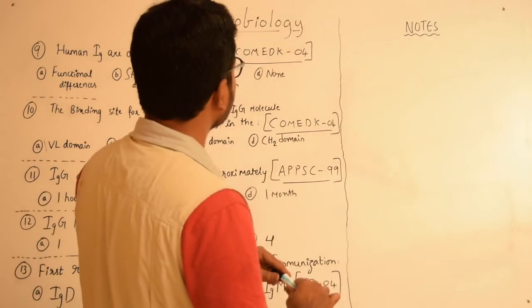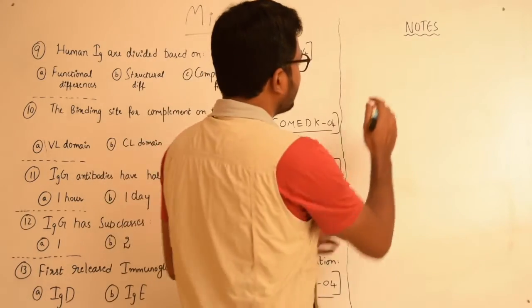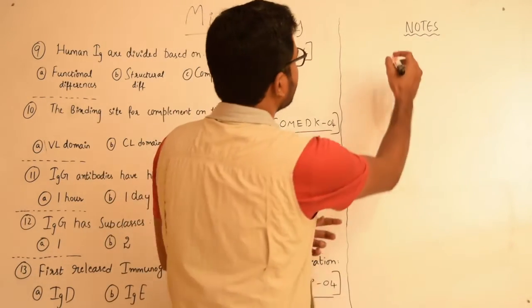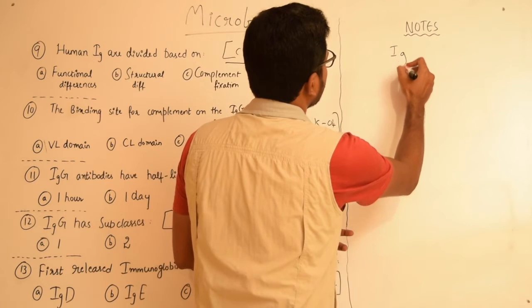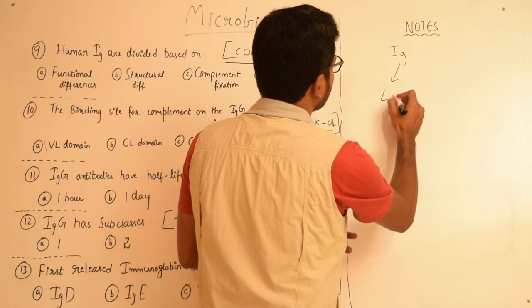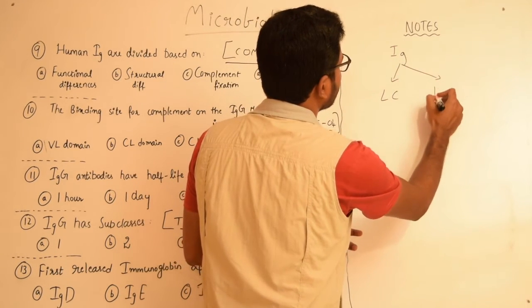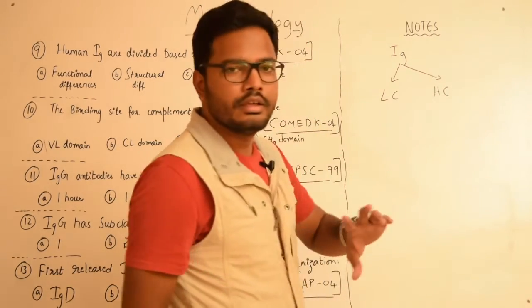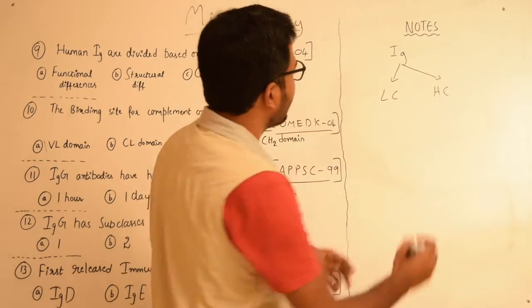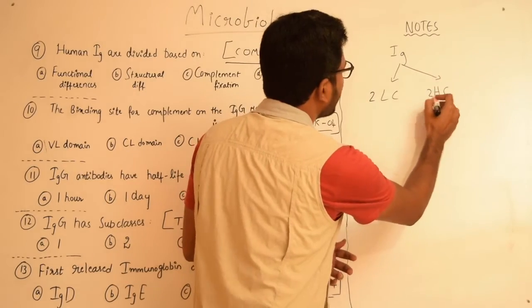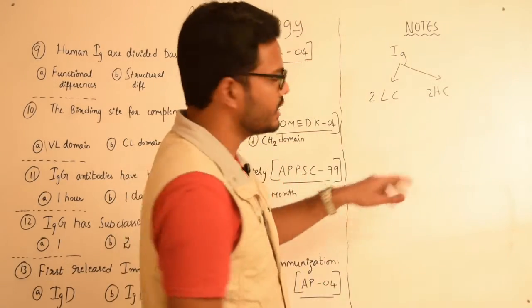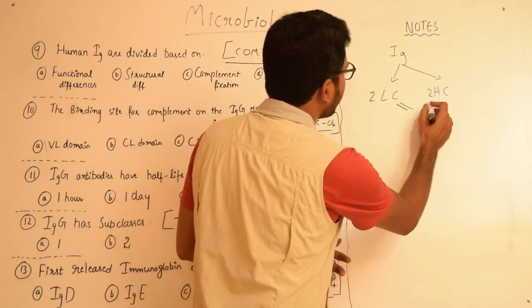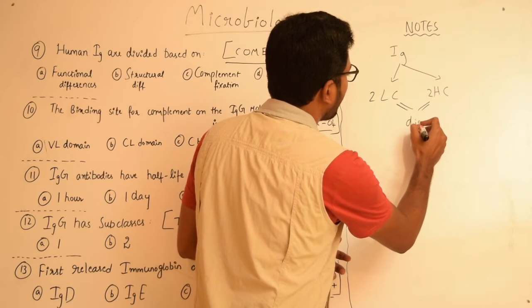Basically, any immunoglobulin has a light chain as well as a heavy chain. Any given immunoglobulin has two light chains and two heavy chains, and these chains are bound together by disulfide bonds.